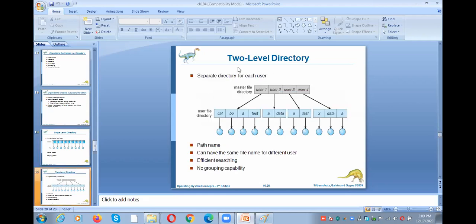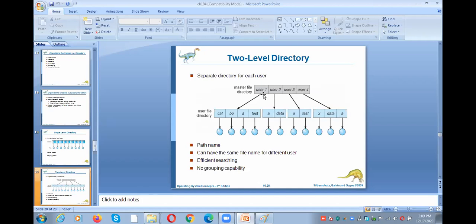And the next one, as I told you, two level directory. Two level directory means each and every user has its own directory. Under user one directory, 4 files are there, under user two, two files are there, under user three, two files are there, and under user four, three files are there.